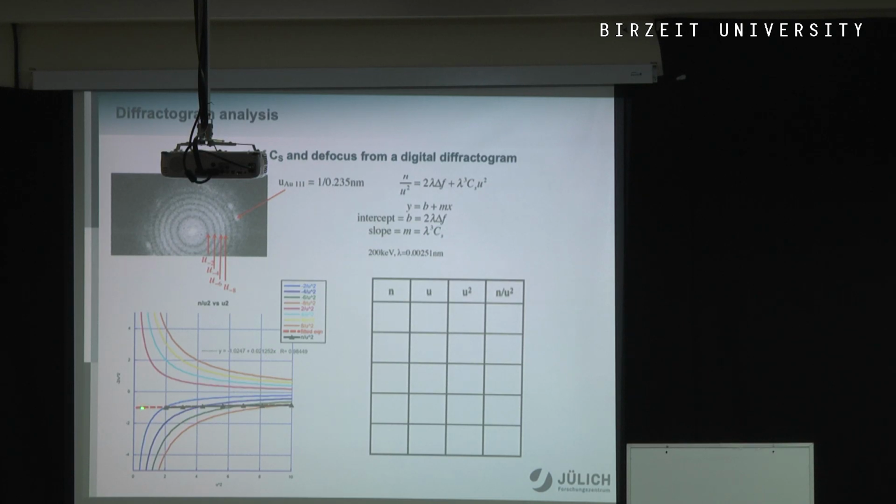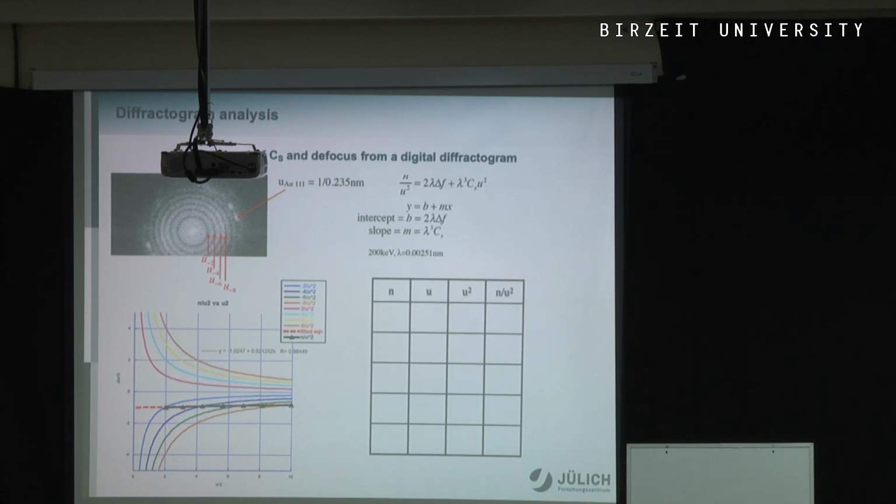Then you end up with a straight line where the intercept with the vertical axis gives you 2 times the wavelength times the defocus, and the slope is given by the wavelength cubed times the spherical aberration coefficient. And this explains why taking Fourier transforms of high-resolution TEM images is useful for determining the imaging properties of the microscope, independent of what sample you have in the microscope.